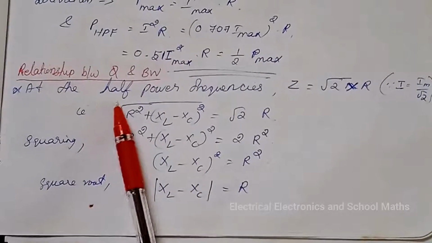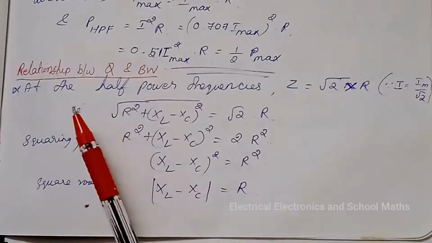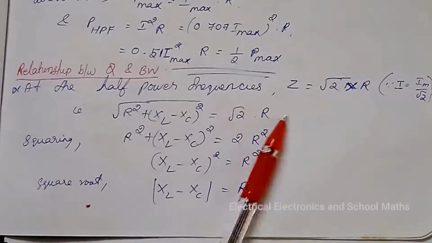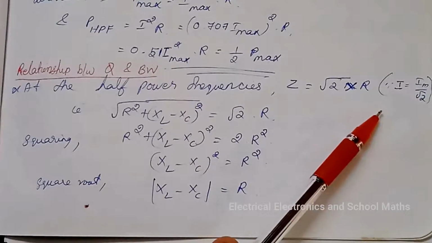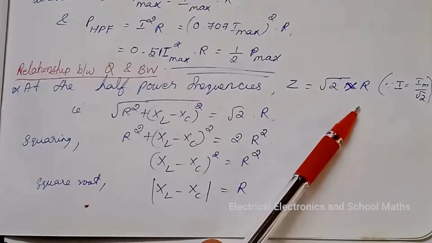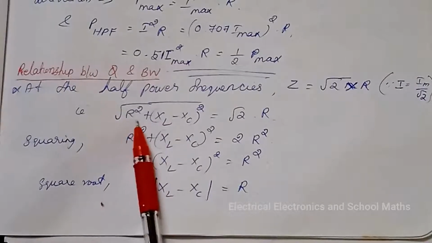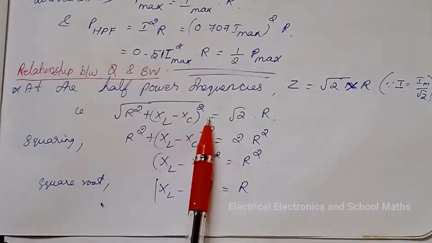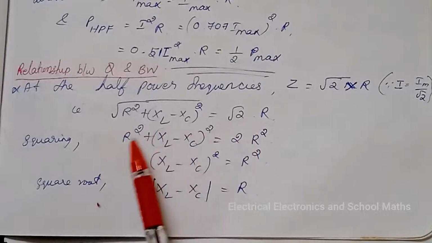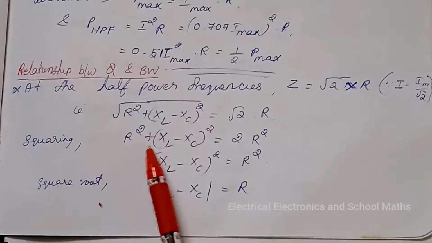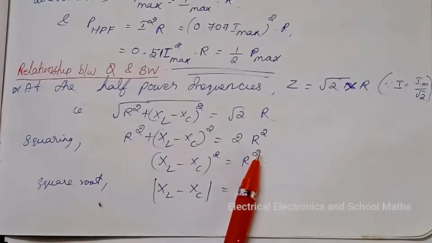Let us study the relationship between Q factor and bandwidth. At the half power frequencies, Z is equal to root 2 into R, because current I is equal to Im by root 2. We know Z is equal to root of R square plus (XL minus XC) the whole square, and we can equate it to root 2 R. On squaring, we get R square plus (XL minus XC) the whole square equal to 2 R square.